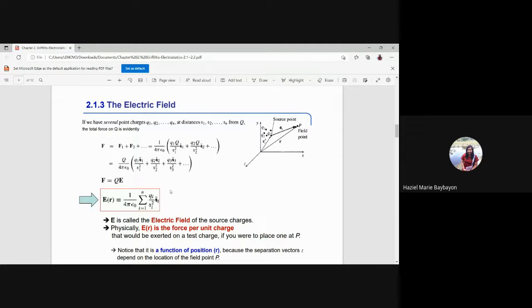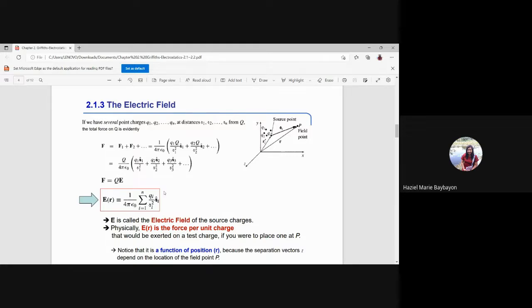Okay, and then if you have another charged particle, it can somehow sense the presence of the electric field, because the electric field is like an aura of your electric charge.